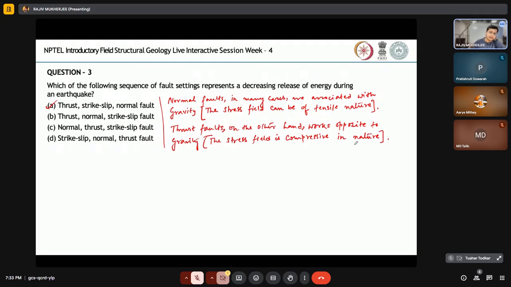Okay, and obviously the strike slip faults are associated with simple shear fractures, right? Simple shear fractures. And the stress field is related to simple shear.